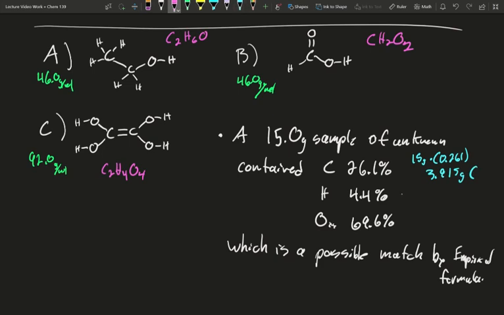Do this for hydrogen, well, there was 15 grams total, and 4.4% is 0.044, which will give us 0.66 grams of hydrogen. And for the oxygen, there's 15 grams of sample and 0.696 for fraction form of 69.6%. We'll find there was 10.44 grams of oxygen.